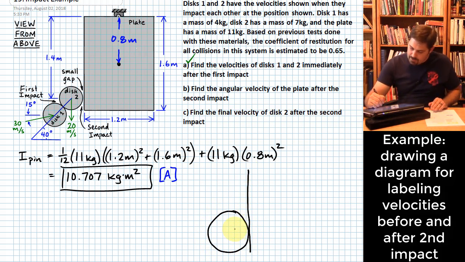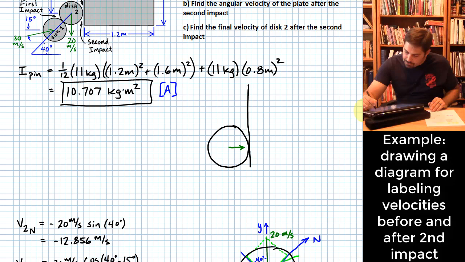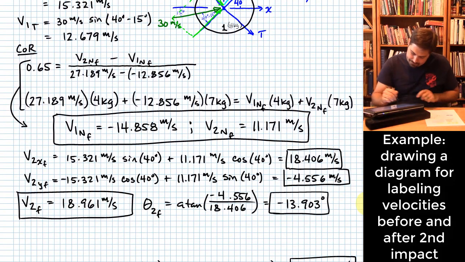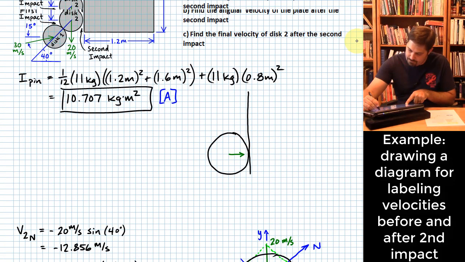And it is going to begin with a couple of components of velocity, right? So it begins with this component of velocity that comes in like this, and we found that just a moment ago. So for disk 2, we had an x component there of 18.406 meters per second.